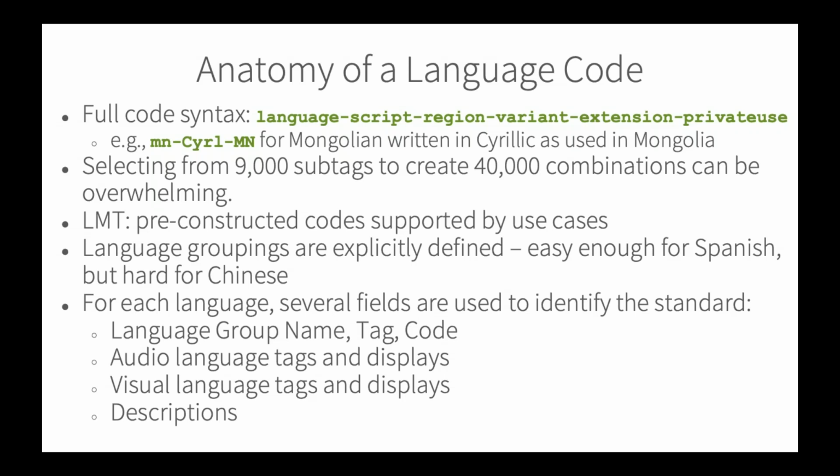We also defined the language grouping. So you can see what the options are for Spanish. It's a little bit difficult for Chinese, but there are use cases for them. And then we make sure that we have the group name, the tag, the code, and values for audio and the visual and descriptions.